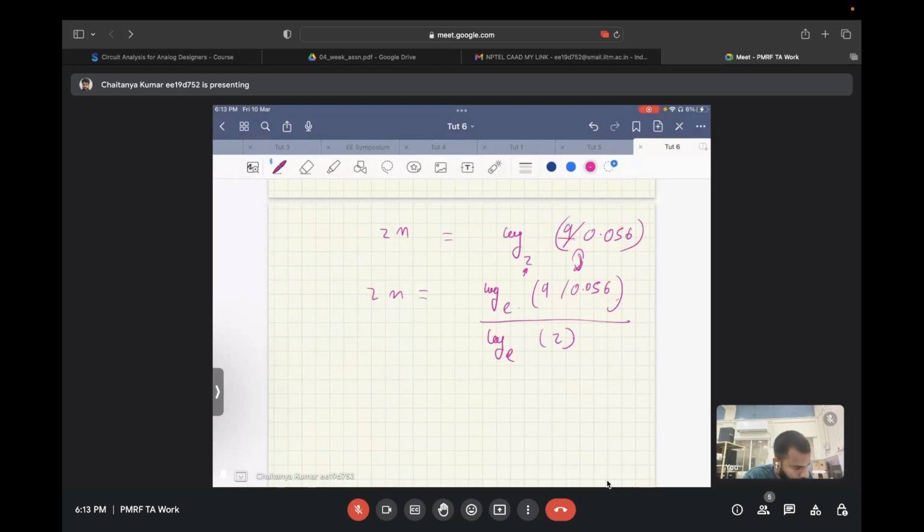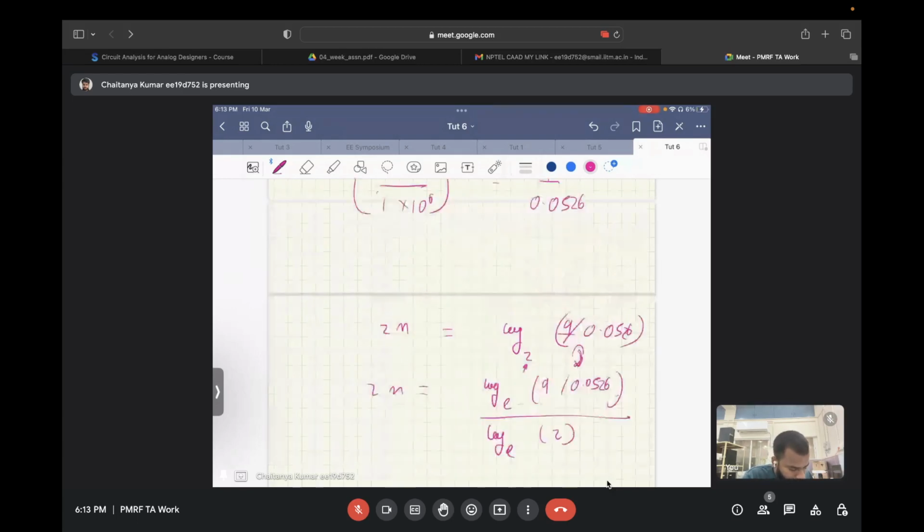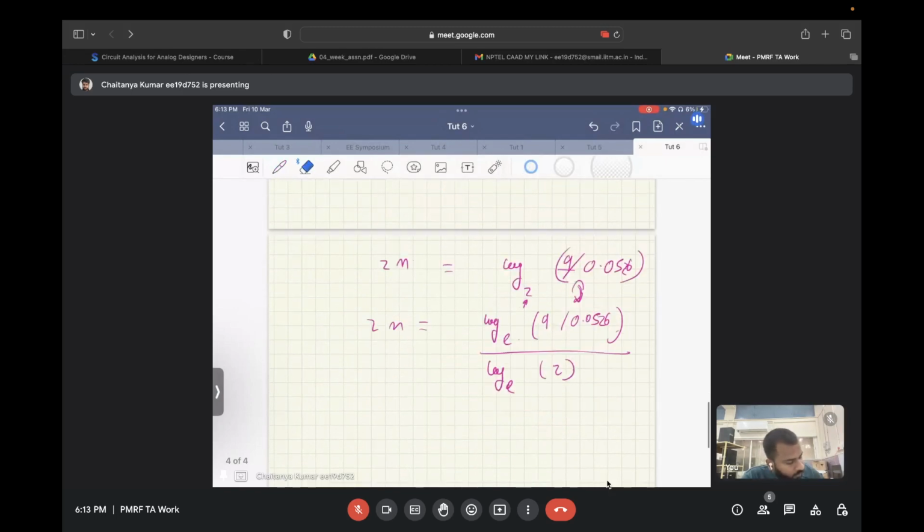Yes, sir. So 0.0526, and we have to take its log. Let's say we have log 10 over here. So this comes as 2.233 divided by 7.32 approximately.